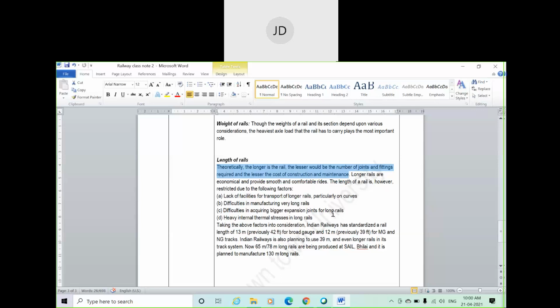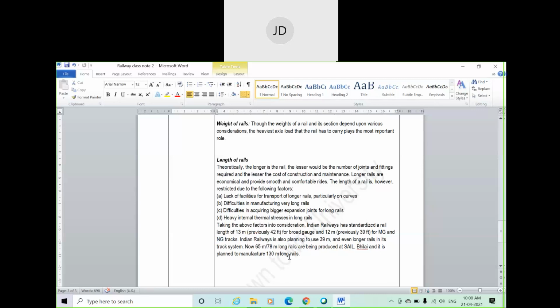There is a special term, gauge: broad gauge, meter gauge, narrow gauge. We are going to discuss it in coming classes, so don't worry about that. For now you can concentrate here only. Indian Railway is also planning to use a 39-meter length of rail, even longer rail, in its track system.